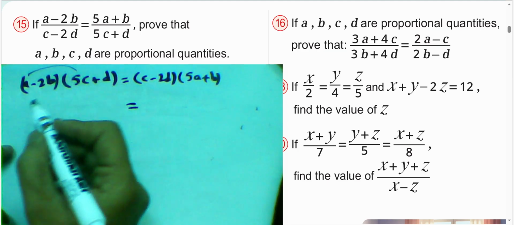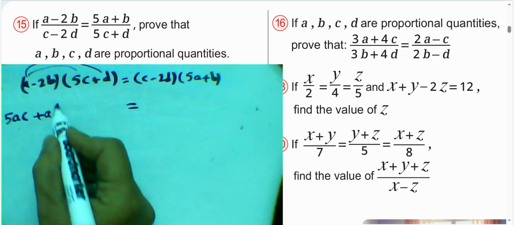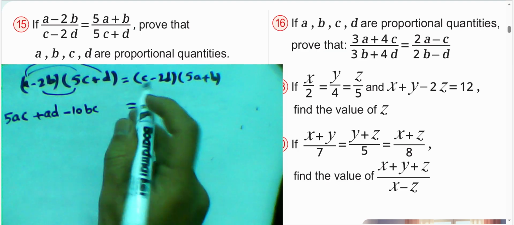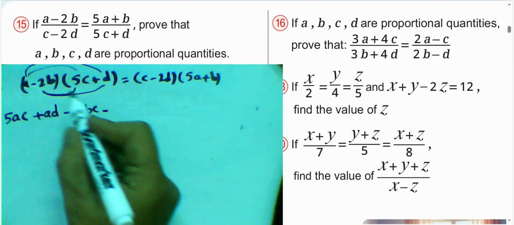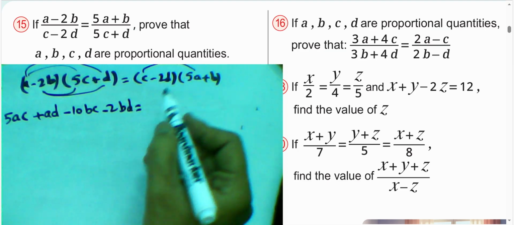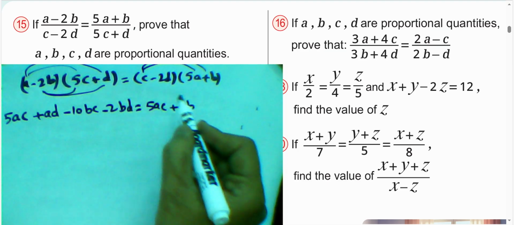Okay, product of extremes equals product of means. Then a times 5c equals 5ac, and a times d is ad. Negative 2b times 5c equals negative 10bc, and negative 2b times d equals negative 2bd. c times 5a equals 5ac, c times b equals cb.